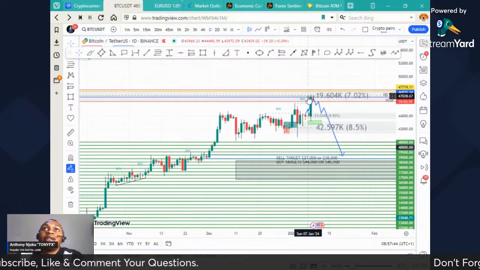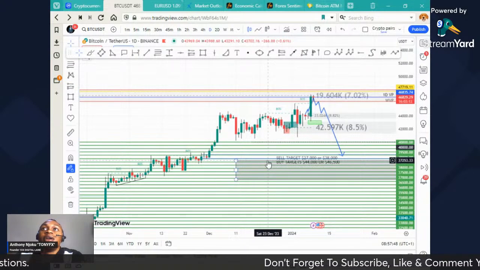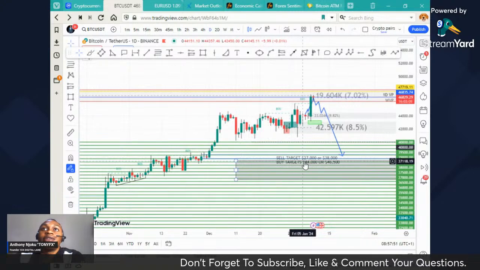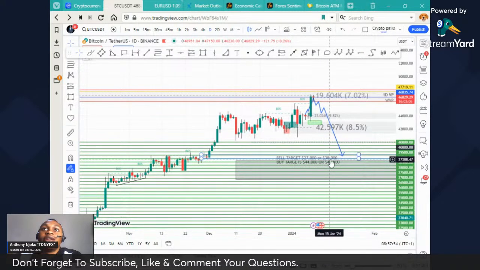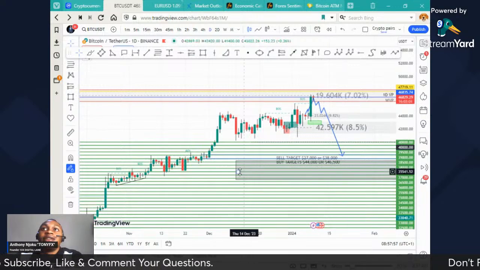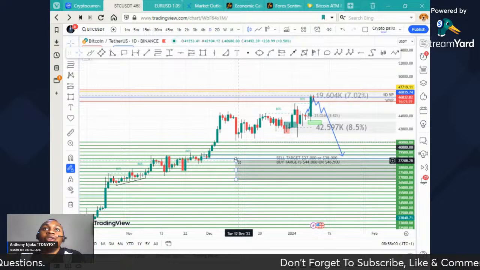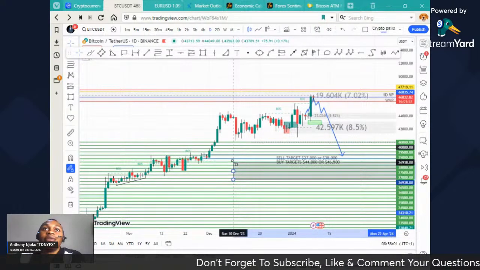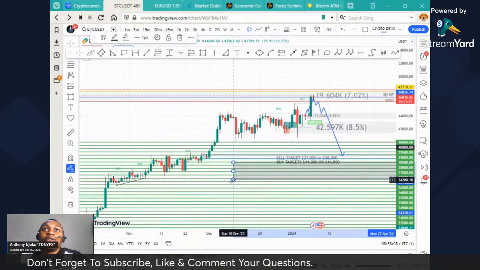I'm currently inside this daily order block, as you can see here. And you see, like I said, my sell target is between, I said $27,000 and 38,000, but there is a confluence of this 38,000 within our golden zone. You can see that there is a massive confluence. Let me use this psychological level.